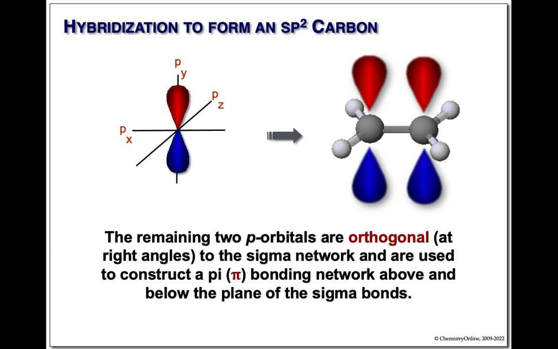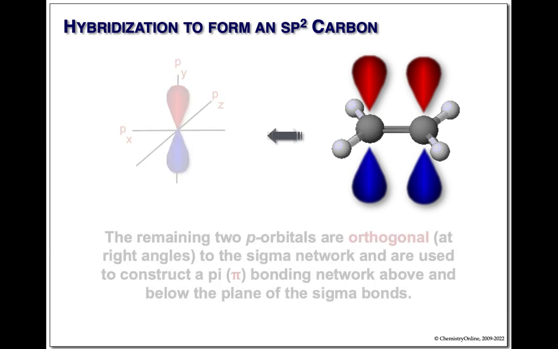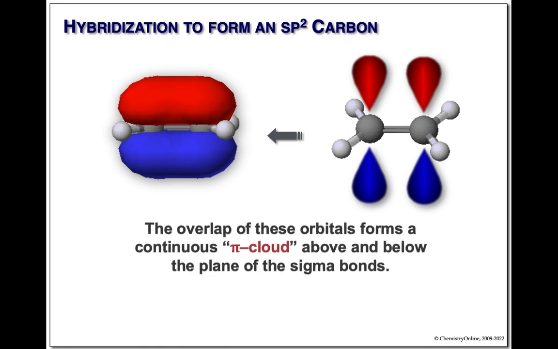So here's our sigma network, sigma bonds, single bonds, and here we have our 2 p orbitals. When the 2 p orbitals line up adjacent to each other, the electrons share. They share between the 2 carbons, and they form something like this.